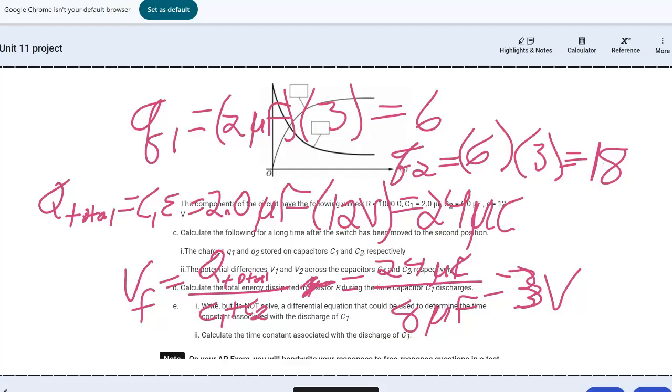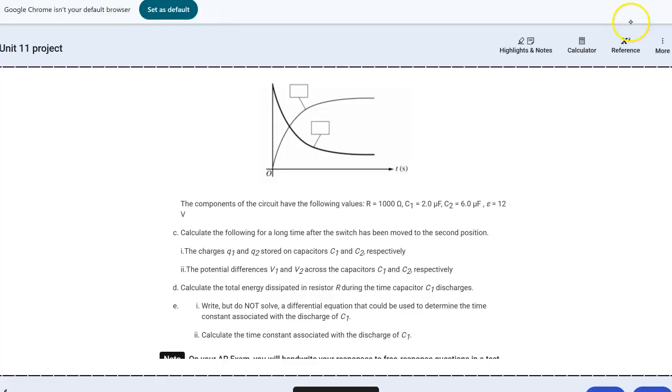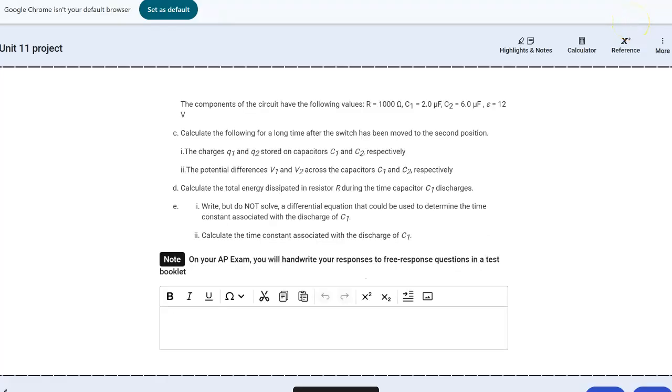So we're going to get 6 and 18. And then the potential difference is V1, V2. Oh, those are both 3. That's what I just said, since they are steady state. Same.